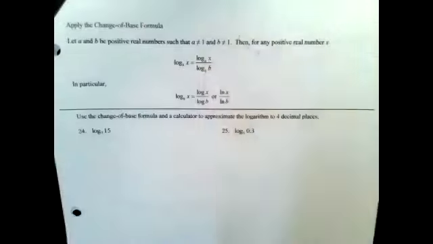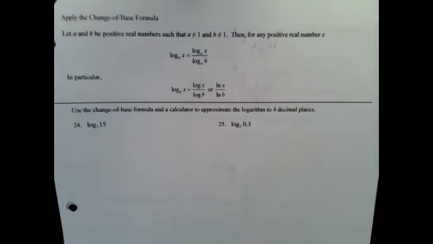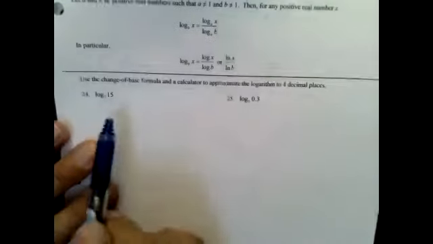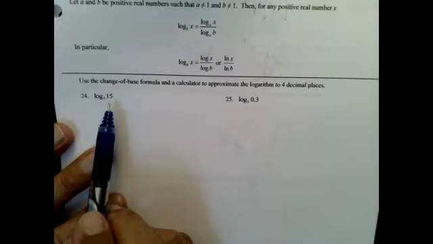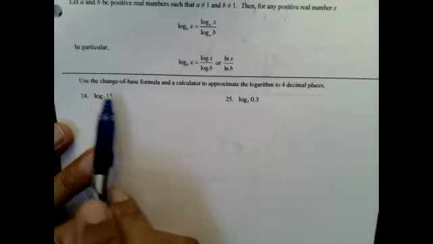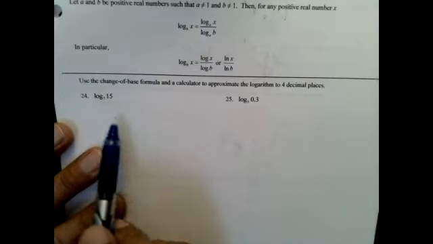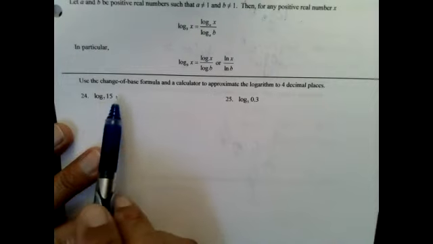Last thing, this last thing is really powerful. I love it. What if I had this problem, log base 7 of 15? I don't know how to calculate its value.